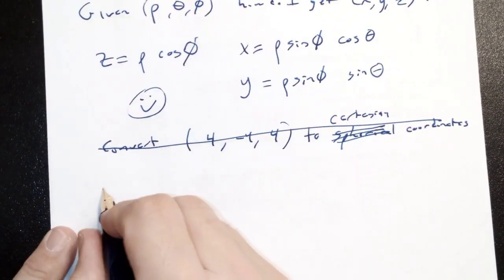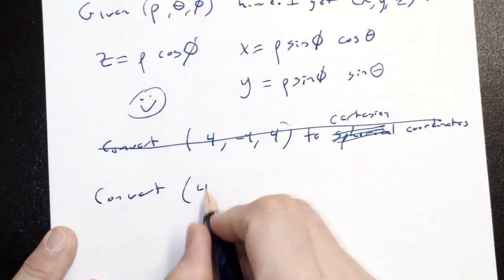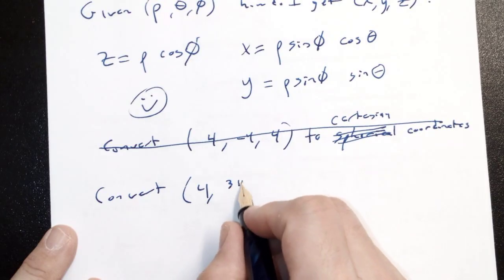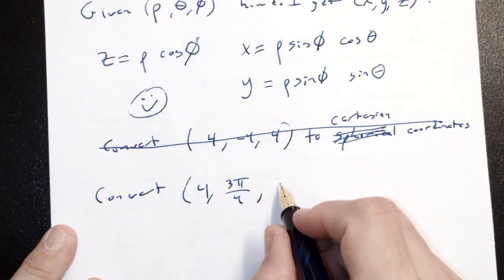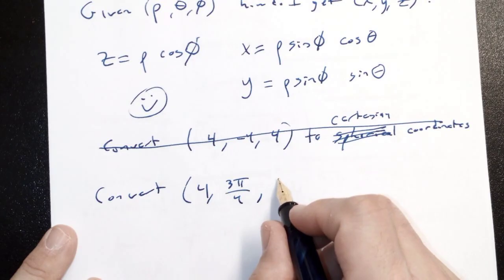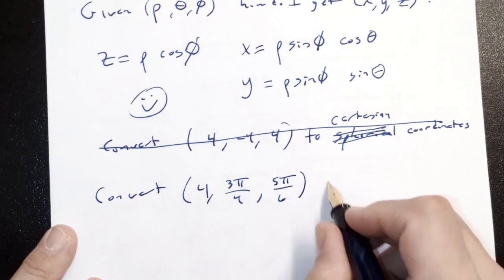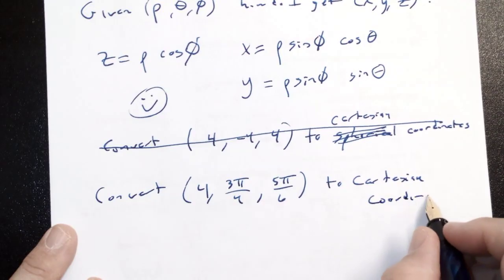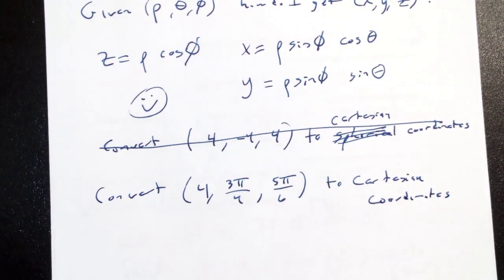Let me actually put some reasonable angles in here. Convert 4, 3 pi over 4, 5 pi over 6, Cartesian. Now, before I even start actually working this out, I'm going to start with the angles. X and Y, right? Theta is positive 3 pi over 4.